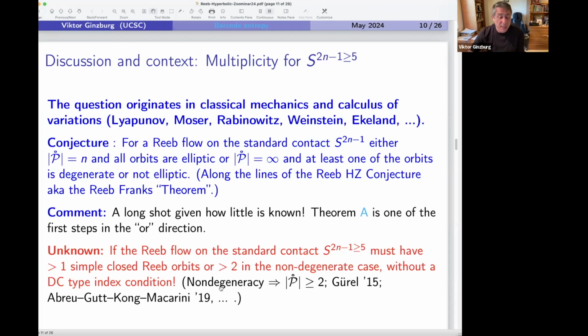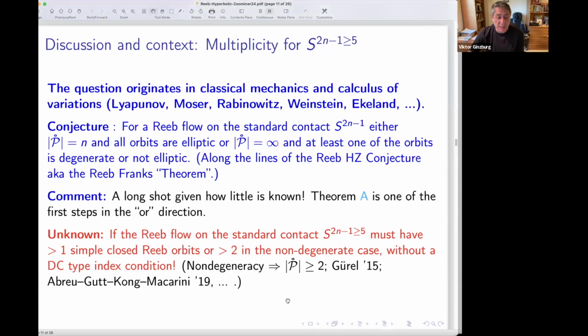I think in the non-degenerate case, we have at least two by an observation of Gurel for the spheres, and in general, there is a result of Broussard, Kong, and Maccarini a few years later, for other manifolds. But this is pretty much everything that is known without the index conditions.